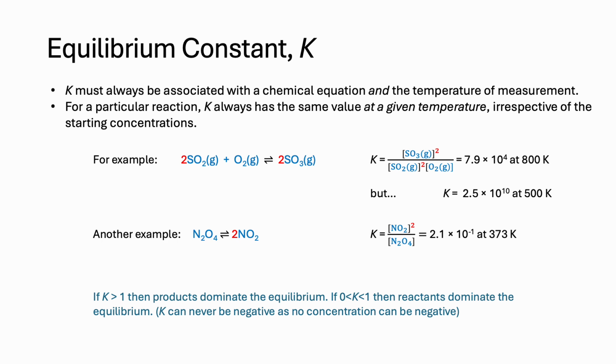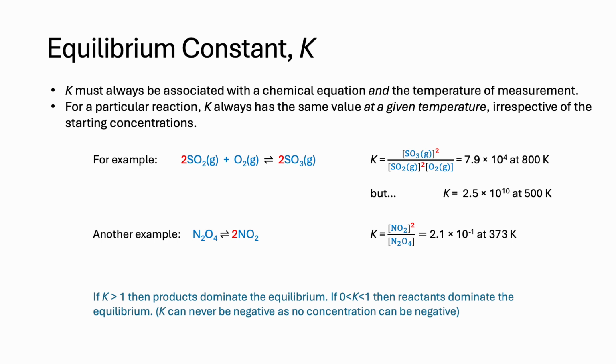From the value of K, we can immediately get a feel for the position of the equilibrium. If K is greater than 1, then the top of the equilibrium expression must be greater than the value of the denominator. As the top of the equilibrium expression is derived from the concentration of the products, then products must predominate.